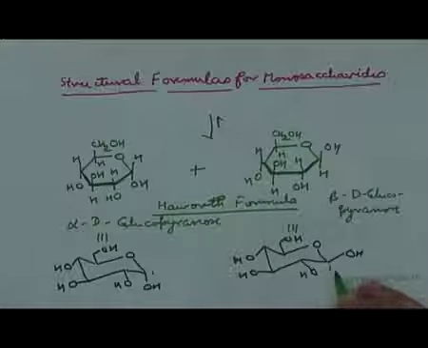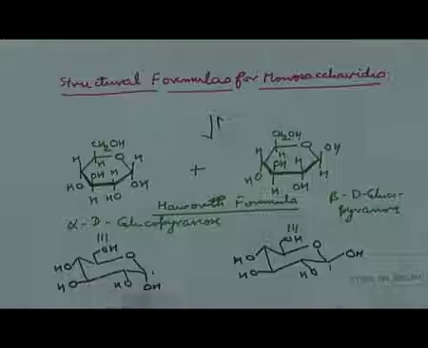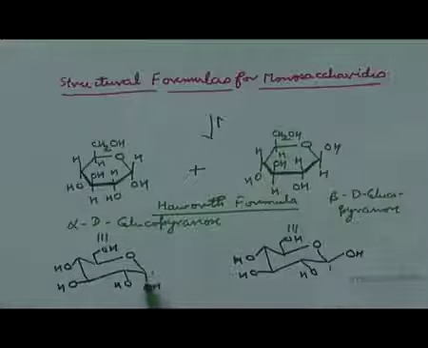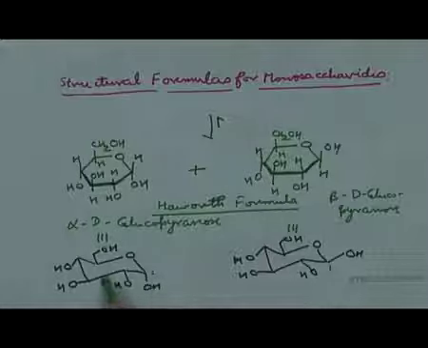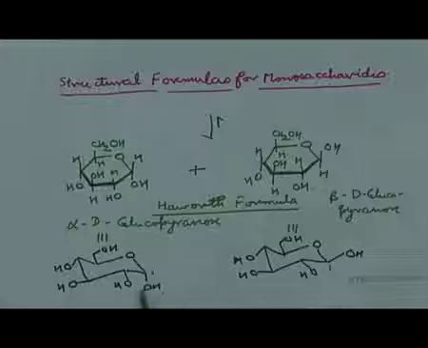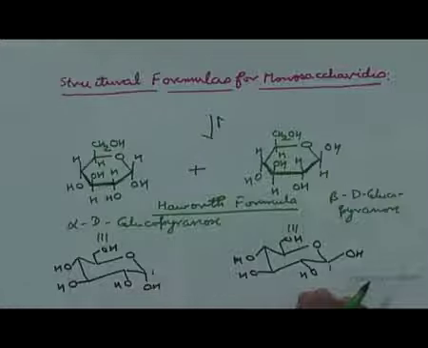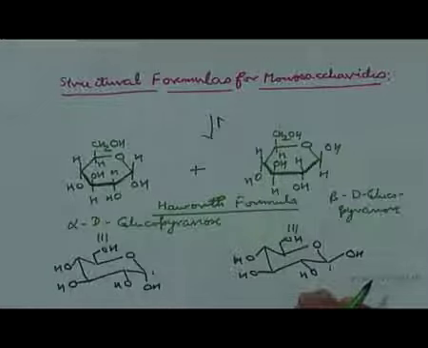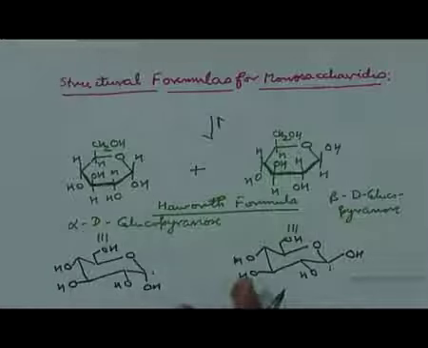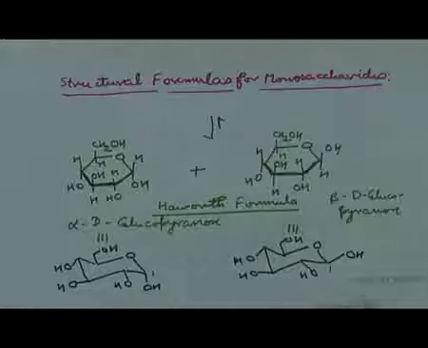Basically, at one position only in both these forms, stereochemistry is different. Rest of the carbons have the same stereochemistry, and that's why in carbohydrate chemistry, the diastereomers differing only at the hemiacetal or acetal carbon are called anomers.